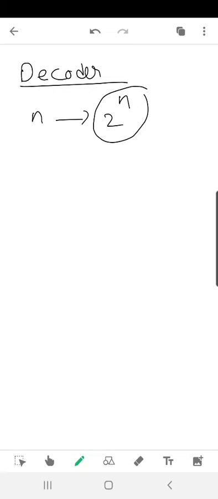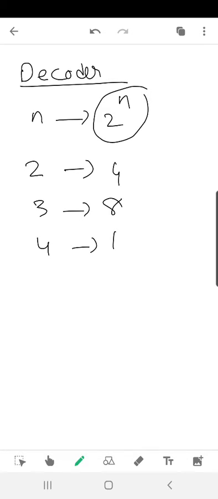So if we have 2 inputs, then the number of outputs will be 4. If we have 3 inputs, the number of outputs will be 8. If we have 4 inputs, the number of outputs will be 16, depending upon this 2 raised to the power n term.